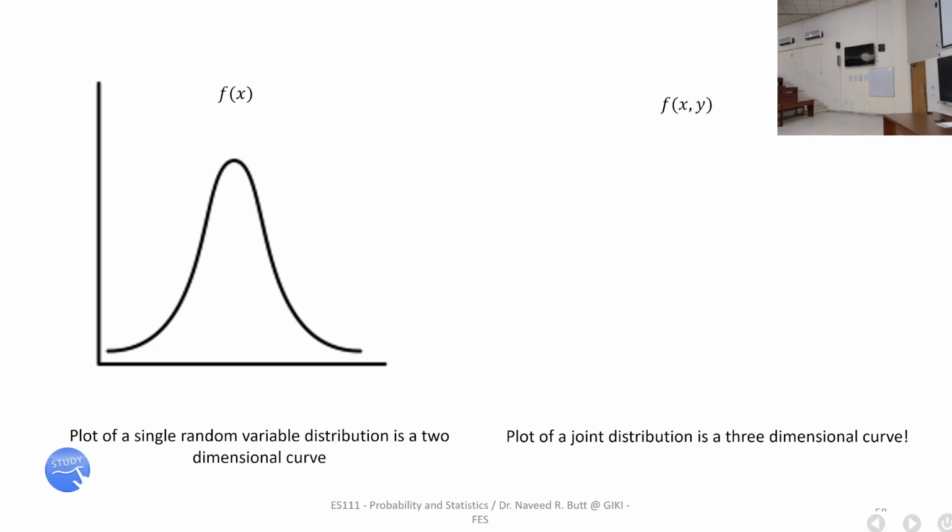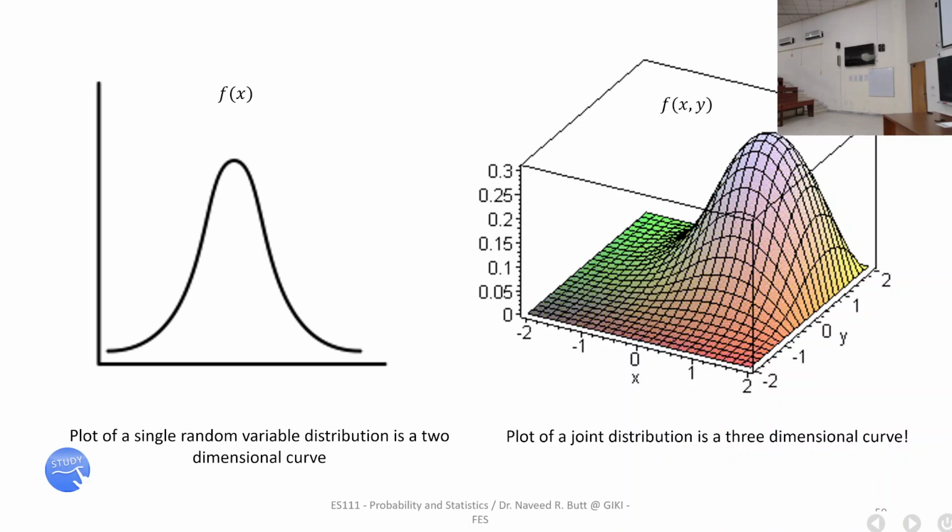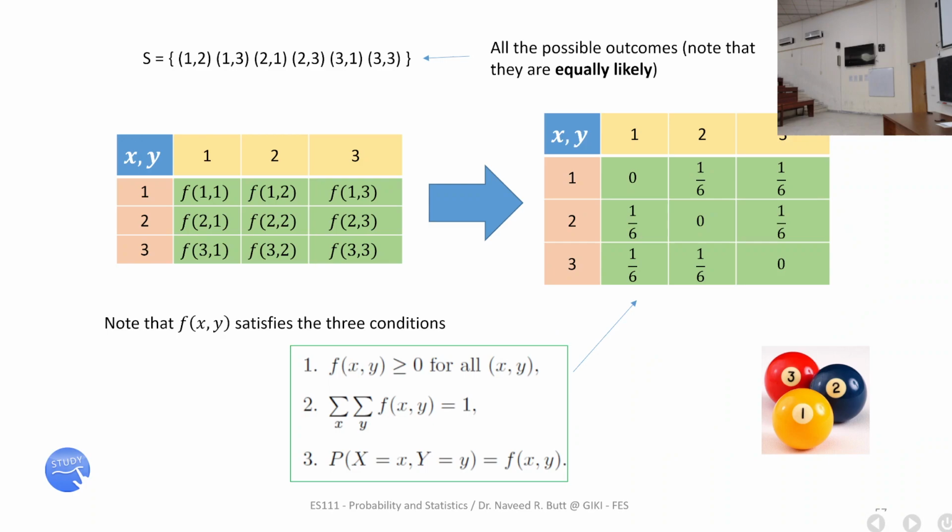But now for joint distribution it becomes 3D. Why is that? Because now x will take its own values and y will take its own values, the first random variable and the second. So the probabilities you write will have to show in the third dimension. It's like plotting this table.